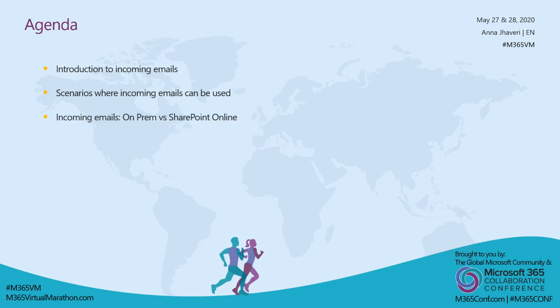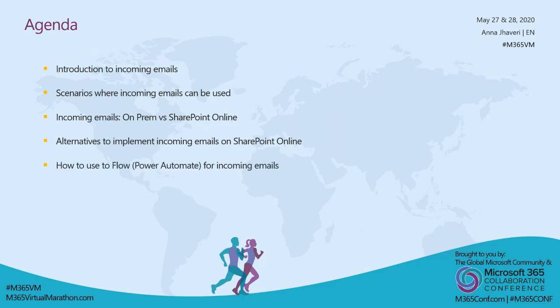What is the difference between incoming emails implementation on SharePoint on-prem and SharePoint Online? What are the alternatives to implement incoming emails in SharePoint Online? Then we'll do a deep dive on how to use Power Automate for implementing incoming emails for SharePoint Online. And then we'll do a demo. And then I'll also share some tips and tricks while you are developing Flow that can help you develop better Flow.